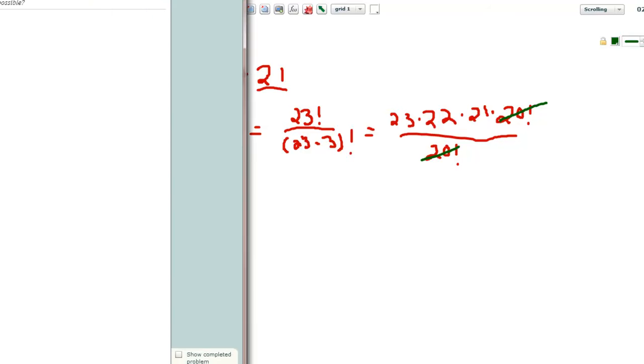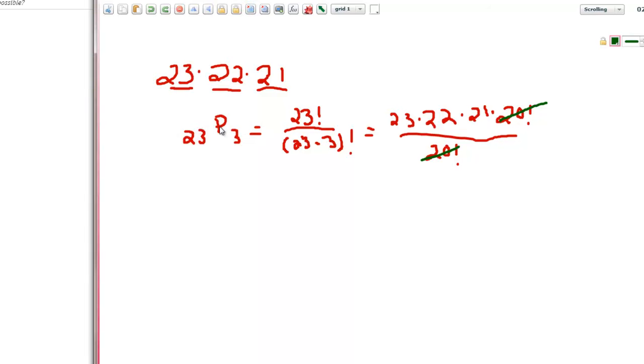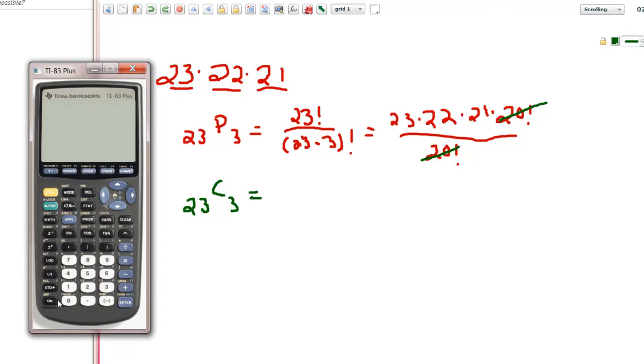So the mistake that students make is they think it's permutation. They say, oh, okay, first option 23 times 22 times 21, but that doesn't take out any of the duplicates. This problem actually is a combination problem. So this one is actually 23 combination 3, because we want to make sure we take out all the duplicates. And so let's do that quickly in our calculator here.